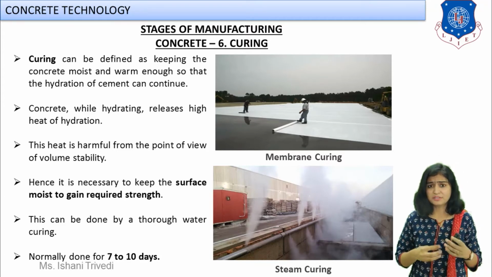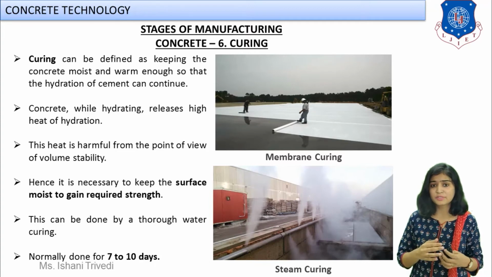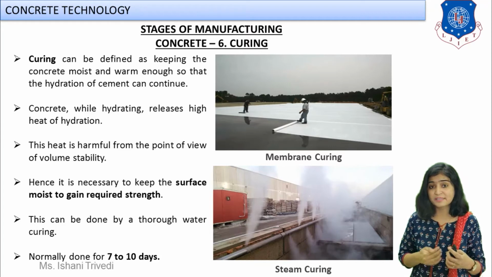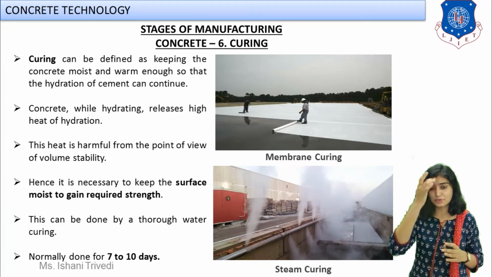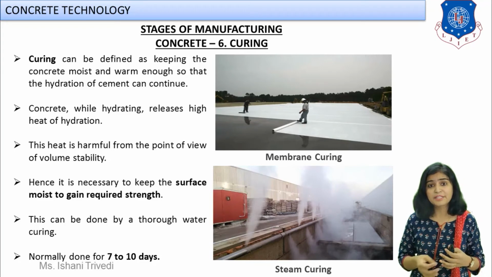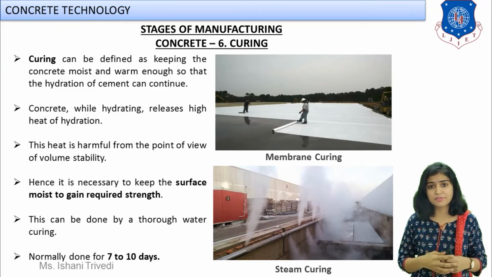Because this huge amount of heat of hydration is released inside during the hydration process of cement, it becomes necessary to keep the surface moist so that undesirable cracks do not take place inside the concrete because of the excess heat energy released. So to have a complete hydration process, and not let it stay partial or incomplete or cause any kind of damage, you will have to keep the surface moist, you will have to do the curing work.